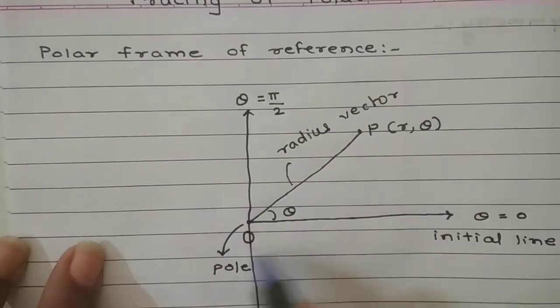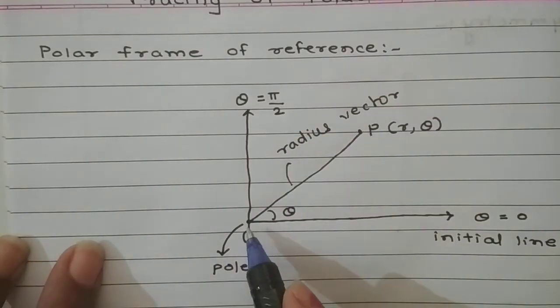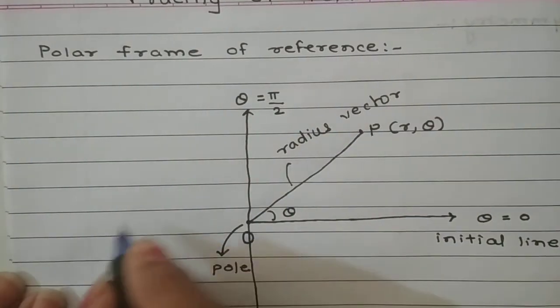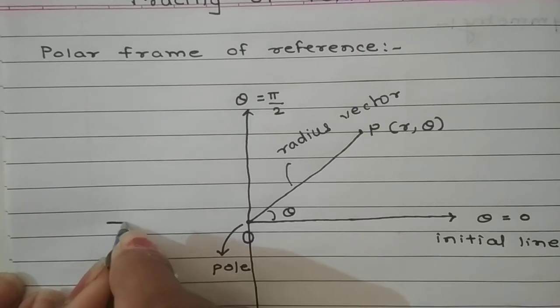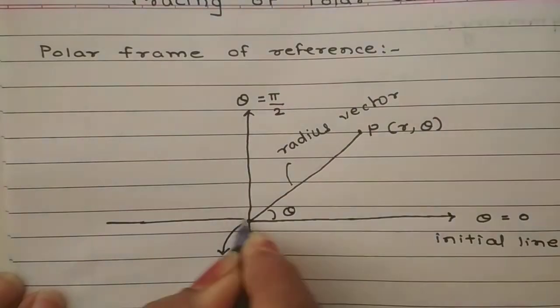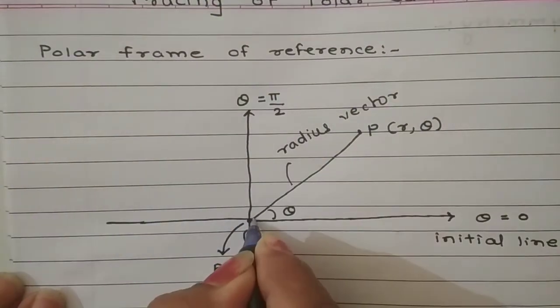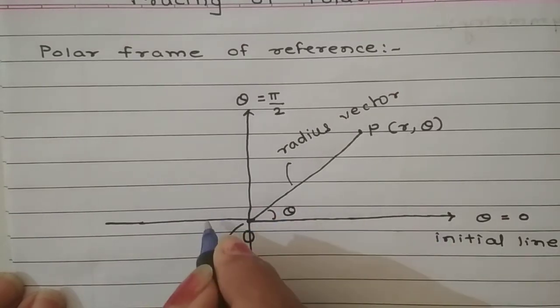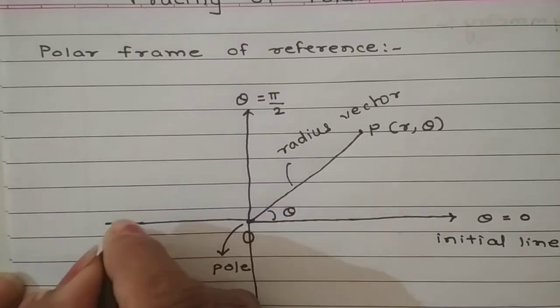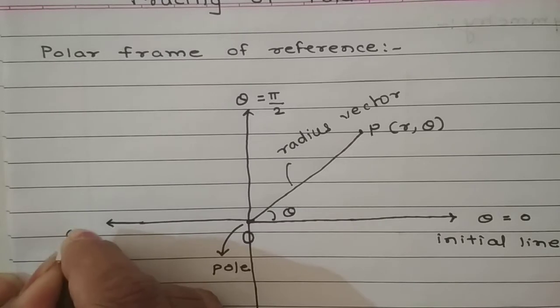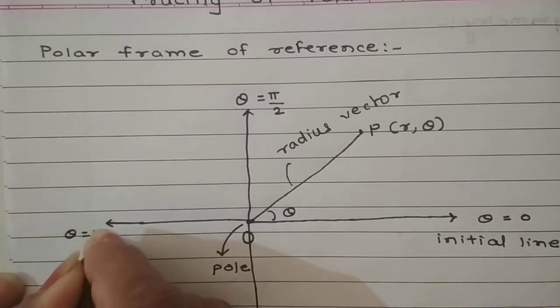The line passing through the pole and making a 180 degree angle with the initial line is theta equal to pi.